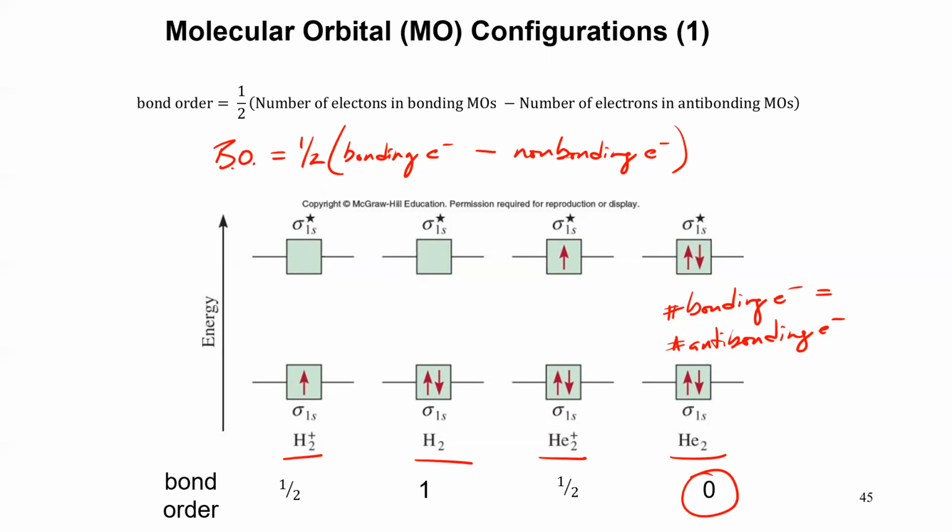And that's why helium-2 doesn't exist, right? We don't see helium as diatomic. We don't see that in nature because there's no bond between those 2 atoms. And so again, this is something that this molecular orbital theory explains quite well.